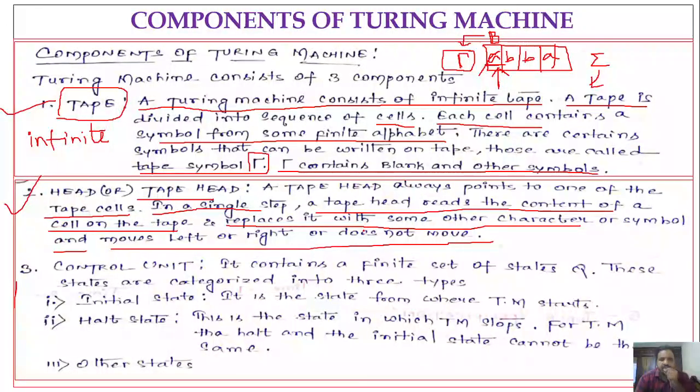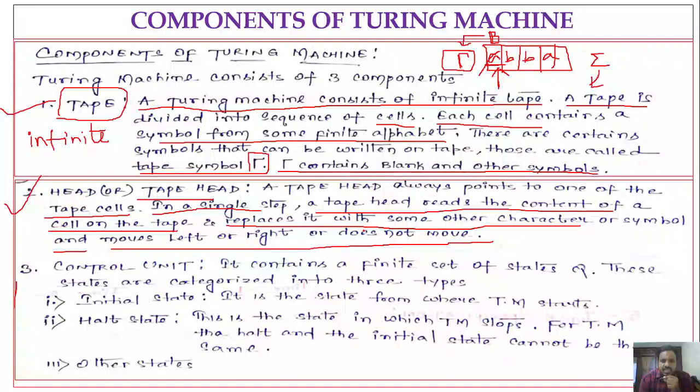In the previous automata, the read head always moves from left to right. But here the tape head can move either left or right, or may not move. These are the three possibilities for the tape head.